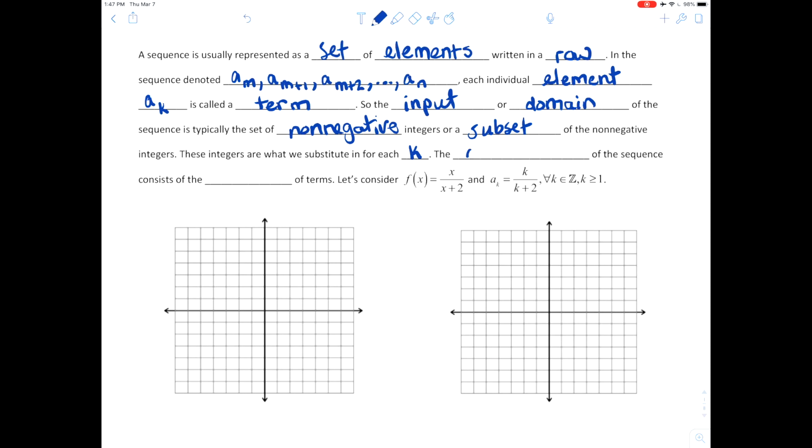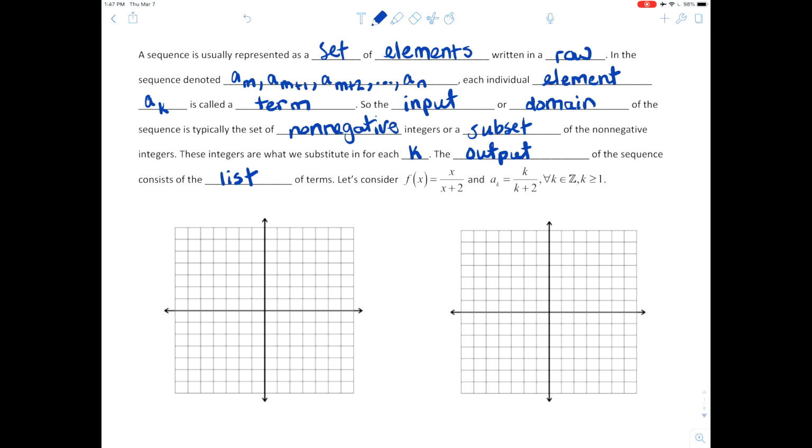The output of the sequence consists of a list of terms, depending on how many terms you are finding, and sometimes that can be infinite. Each output comes from plugging in something for the subscript. That's the input, and the output is what you get as a result when you compute that.